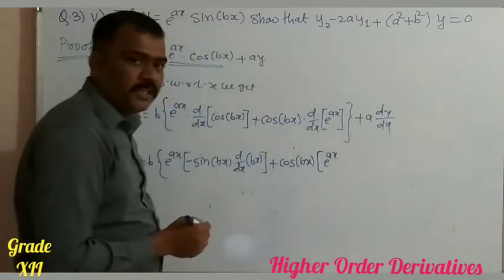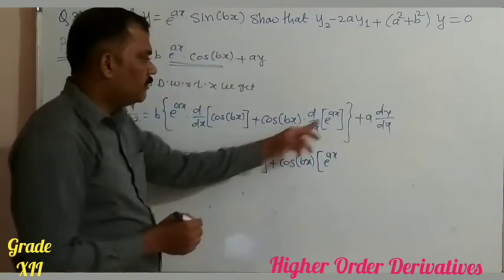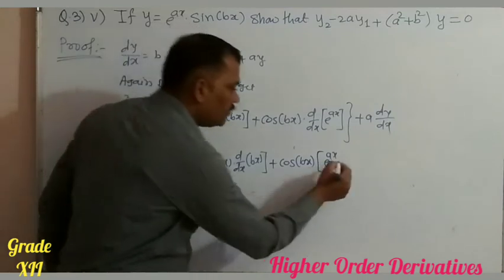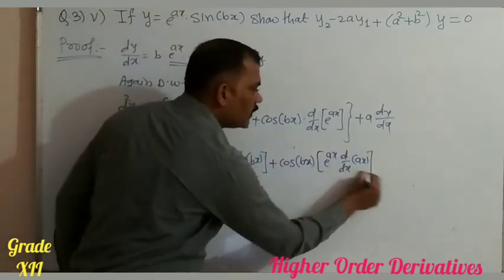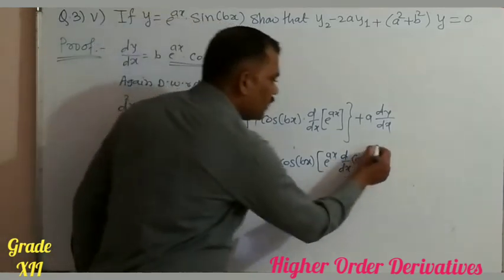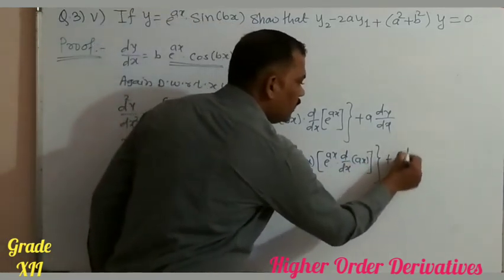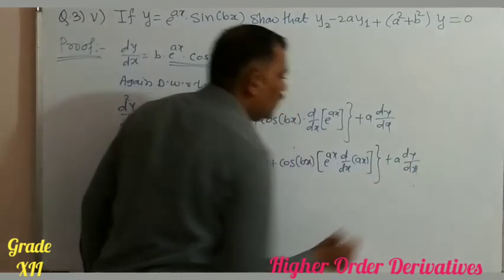First we have to take the derivative of e raised to x, that is, first we keep the finger on e, that is e raised to x into d/dx of x. Here we complete the curly bracket, plus a into dy by dx.